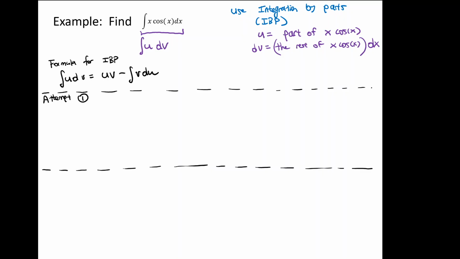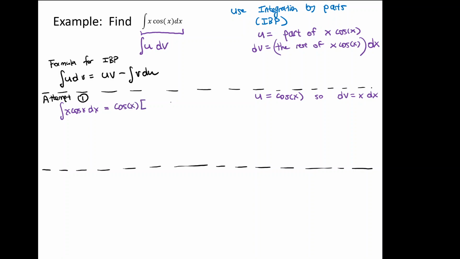In attempt 1, I'll let u equal cosine of x. Now, dv has to be everything else in the expression, which in this case is just x, multiplied by dx. So on the left-hand side, I have integral of x times the cosine of x dx is equal to u times v. So u I can put in, cosine of x.